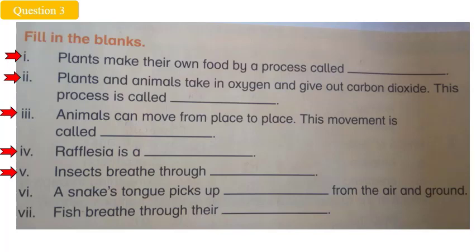Find out the body part used by insects for breathing. Number 6. A snake's tongue picks up dash from the air and ground. Go back and revise your knowledge related to sensitivity. You will find the correct answer to this question. Number 7. Fish breathe through their dash. Find the correct body part.